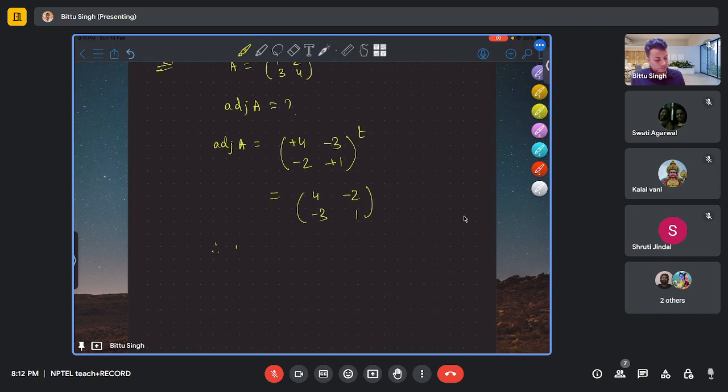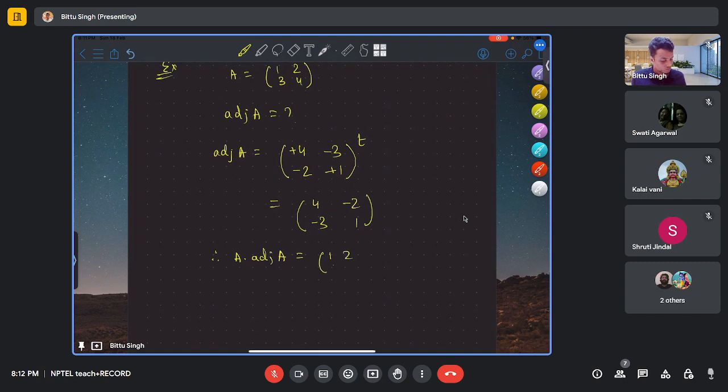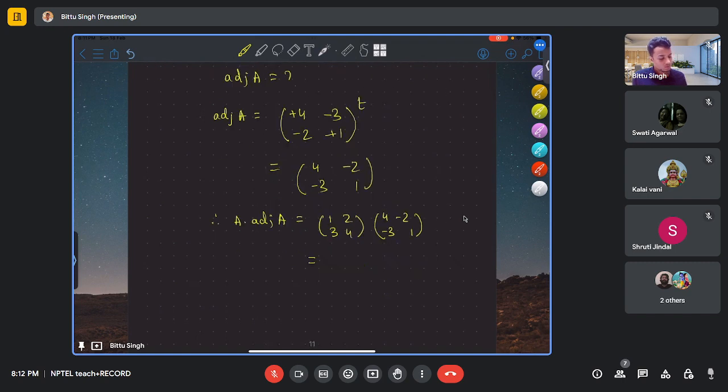Therefore, let us check what A times adjoint A is. It is 1, 2, 3, 4 times 4, minus 2, minus 3, 1. And this is the same as 1, 2 times 4, minus 3. What is this? This is 4 minus 6, which is minus 2.